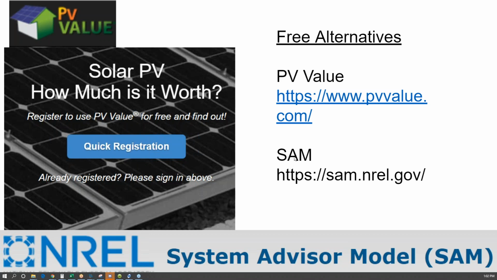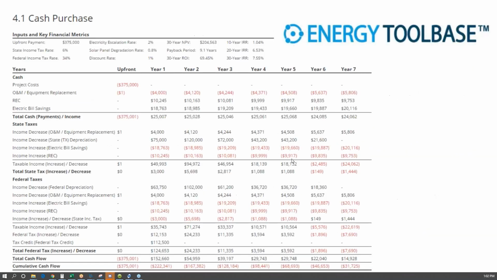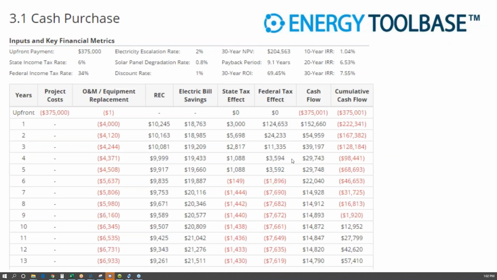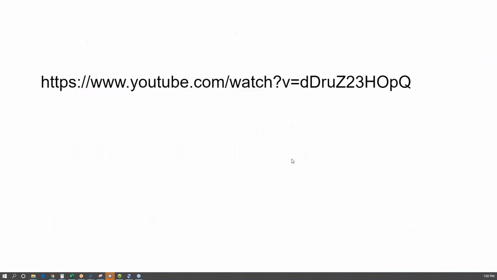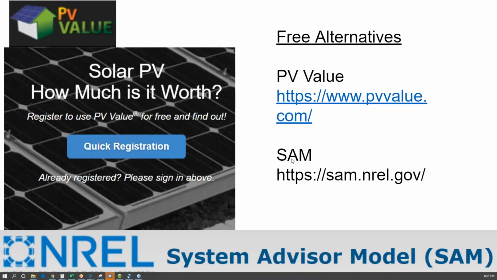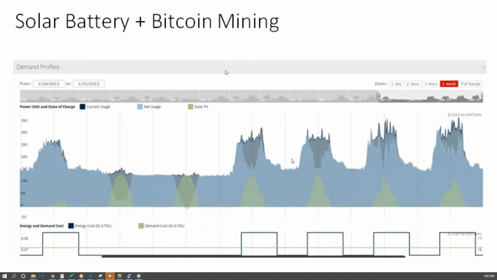And then there's one called SAM. SAM is pretty powerful and it's pretty technical. PV Value is a little bit more wimpy, and is just better at doing kind of like cash flow models like this. So we're going to do an example in a minute.